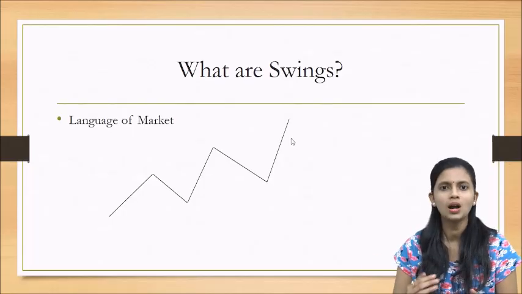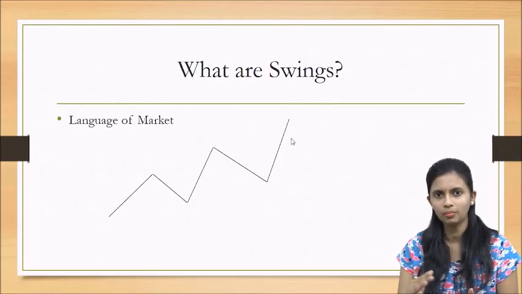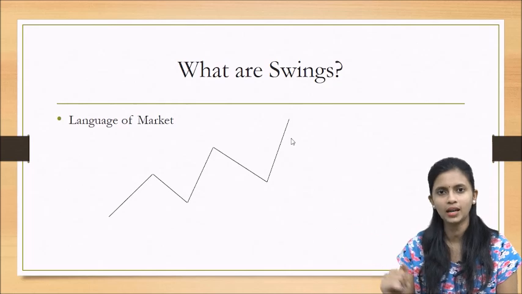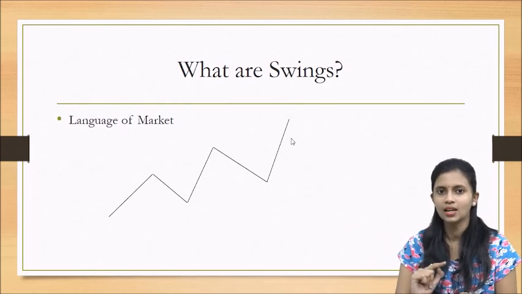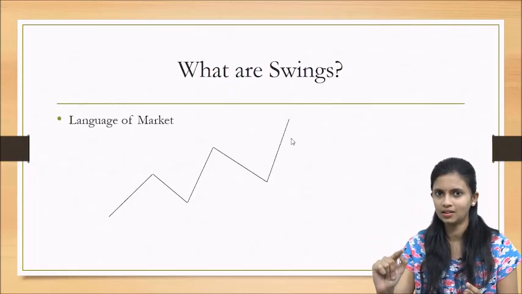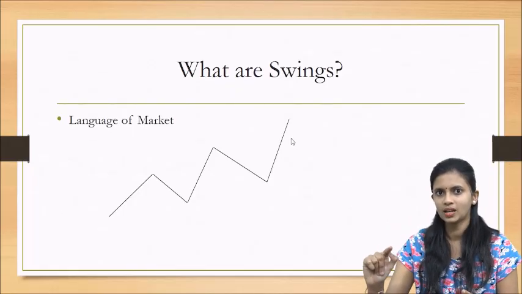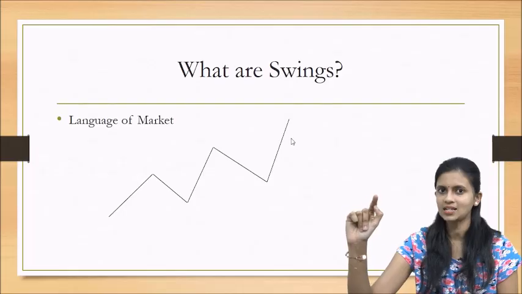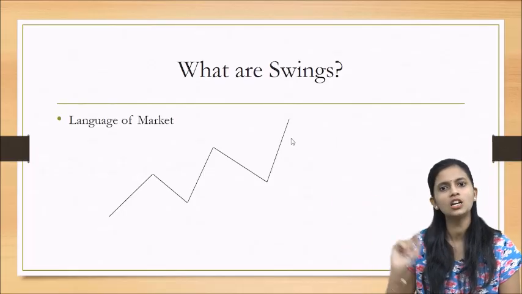So what I'll do, I'll travel a little bit, then I'll take a small break, then again I will travel and take a small break, right? So when I travel, my graph will go up, again I'll take a rest, so the graph will come down, again the movement starts. So this movement is nothing but swings.